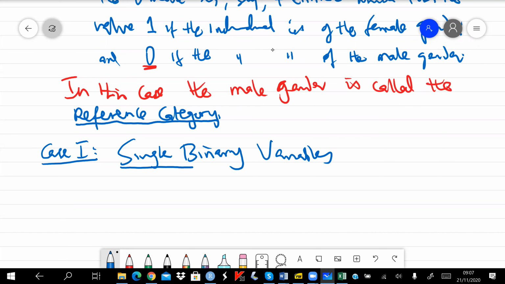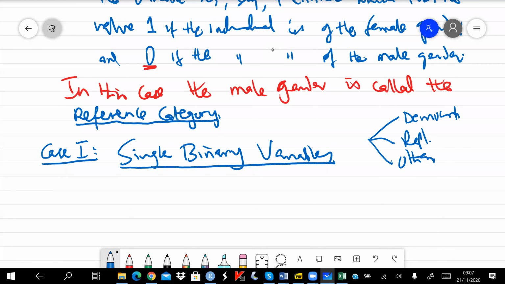Maybe before I proceed, I need to mention that the number of categories is not necessarily 2. They can be more than 2. You can have 3 categories, 4 categories, or even more. If that is the case, you need to be careful about how you create your dummy variables.